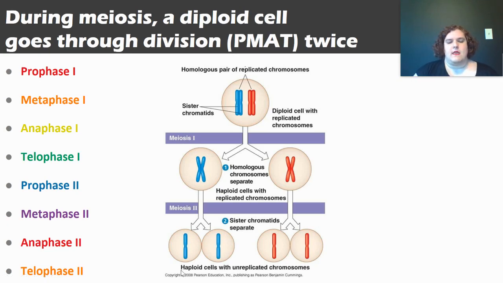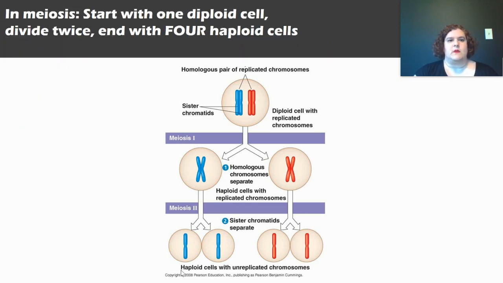So in this case, we're going to start with one diploid cell. It has 2 sets of chromosomes. It's going to divide twice, and we're going to end with 4 haploid cells. That's what you need to remember about the process of meiosis.